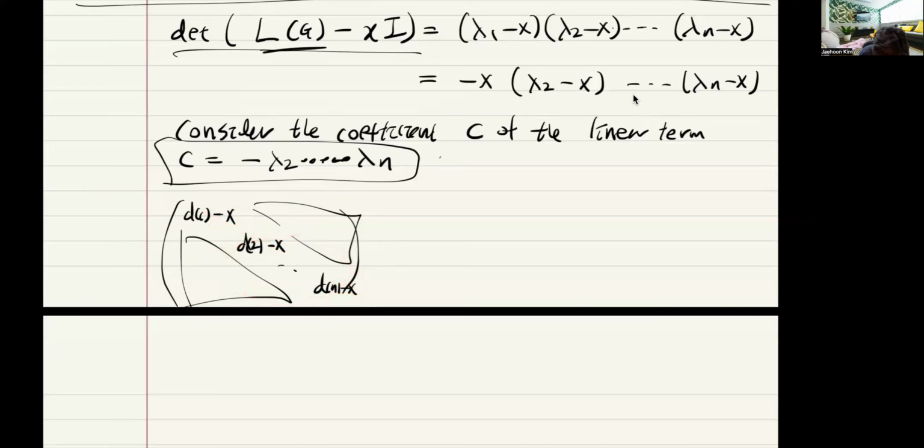Then you can see that this linear term is actually the addition of n terms, and each of them is this principal cofactor. So this is actually minus n terms, and each of them has the same value as this principal cofactor.